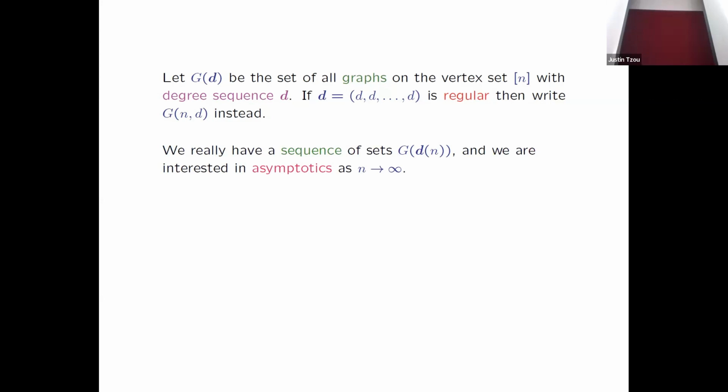Really, we're doing asymptotics, letting n tend to infinity. So for every n, or for some infinite subsequence of n, we have a degree sequence. The length of the degree sequence is n, but the elements might also be functions of n. But this notation, G of D of n, is really clunky. So I just write G of D, but we think to ourselves that we have one of these for each n.